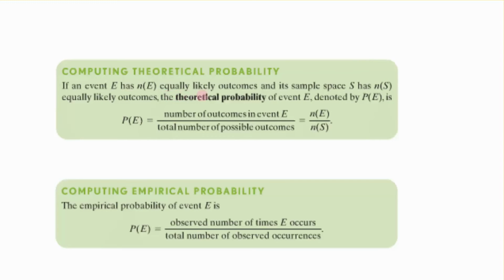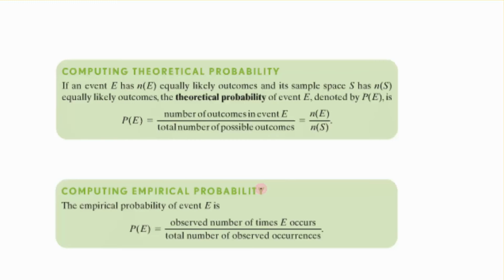All right, so the theoretical probability of an event E, denoted by P of E, is the number of outcomes in the event, the number of ways the event that you are testing can occur, divided by the total number of possible outcomes. All right, that is theoretical probability.